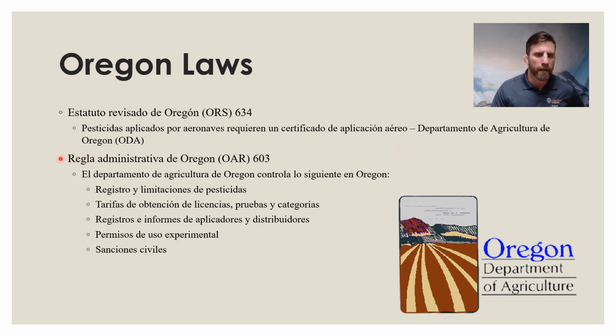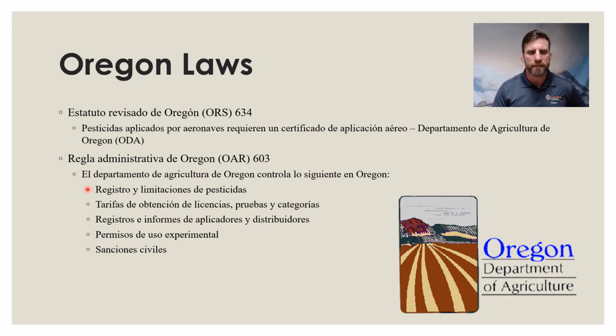Okay, the other Oregon administrative rule, or OAR 603, is the other Oregon law we'll touch on. And within this rule, the Oregon Department of Agriculture controls the following things in the state of Oregon.